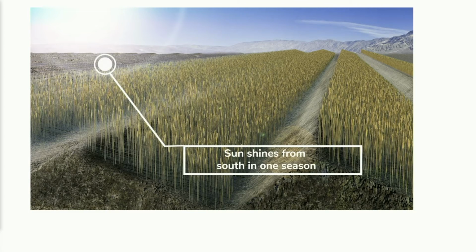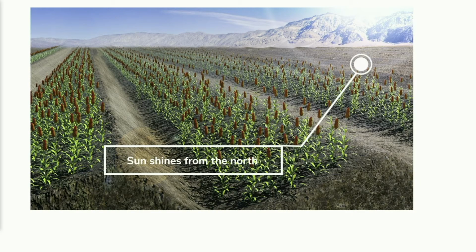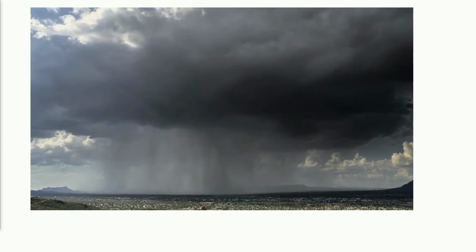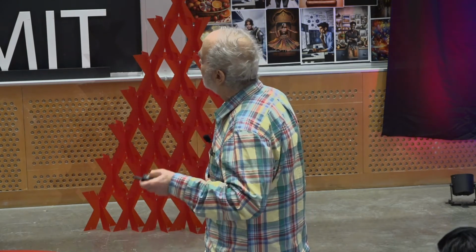So in those places, we would be able to cultivate in one season on this slope, another season on that slope, depending, of course, on the pattern of weather, if there is rain in this season or that season in that location.